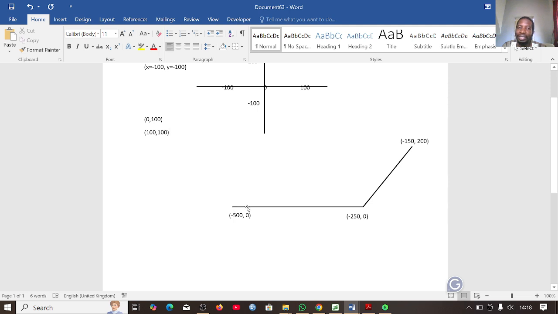So that means this is the x-axis, just like this one. This shows that this is towards the left side of the graph, because we say everything to this side is negative. So this is minus 500 and y is 0. As you are coming, the negative sign is reducing. It's just like you are coming from here towards the origin.